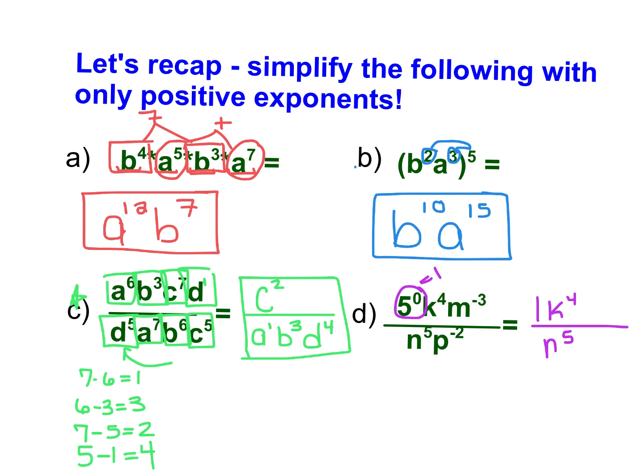But what I notice is that p and m both have negative exponents, and I want to rewrite those as positive. So here I'm going to take this exponent of negative 3 that's with the m and move it into my denominator, or the reciprocal, so that it becomes positive. And then I'm going to take the negative 2 exponent of p, move it up into my numerator, so I get p to the power of positive 2 by using that reciprocal.